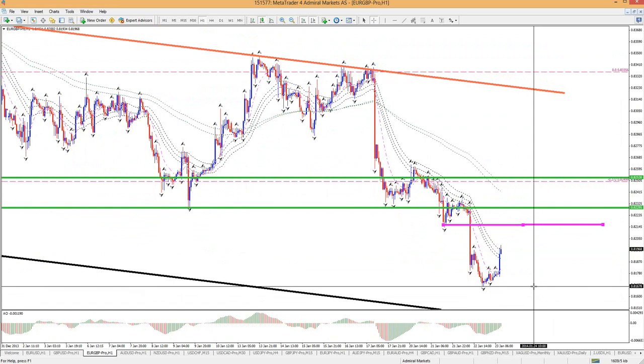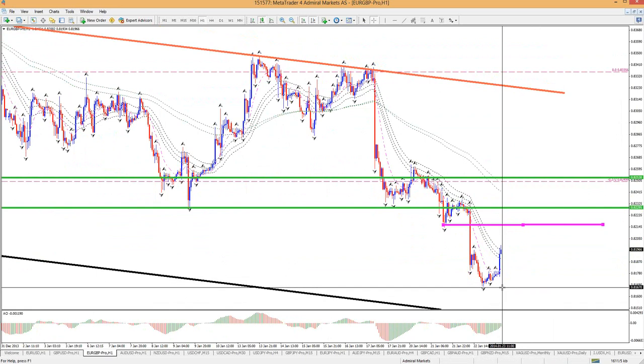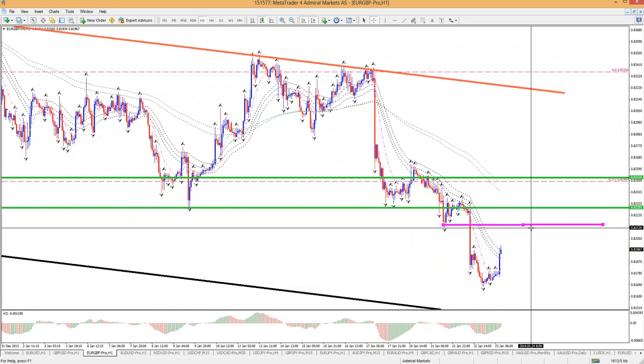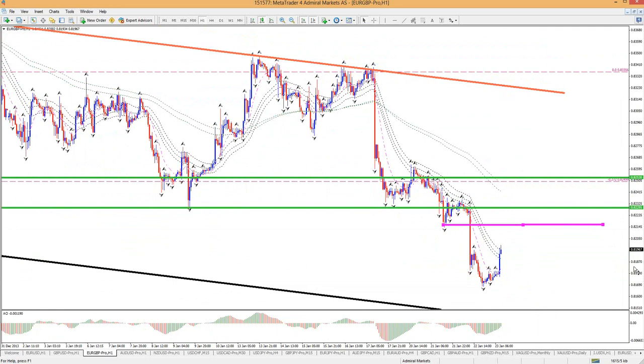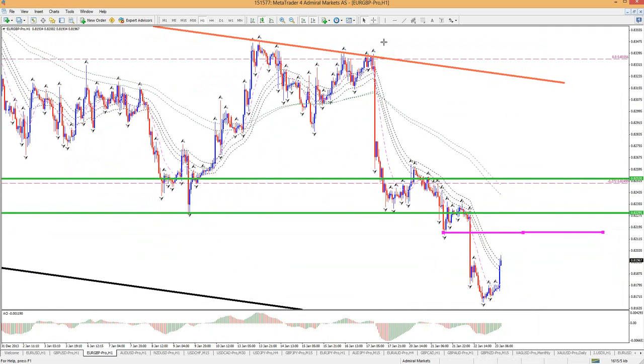Because the low here is at 81.68. So that would be 30 pips. In any case, if you have the TP just below magenta, it doesn't matter. If you bought it, let's say in this consolidation, probably 81.73.